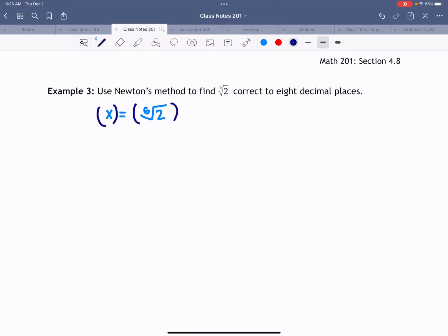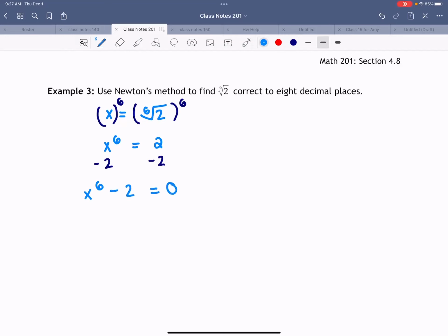Okay, so I can take everything to the 6th power, not the 6th root, sorry. This would be x to the 6 equaling 2, right? Once I'm here, maybe I want 0 on one side, because Newton's method finds the 0 of a function. So maybe I can just subtract 2 on both sides, and I am trying to find the root of x to the 6 minus 2.